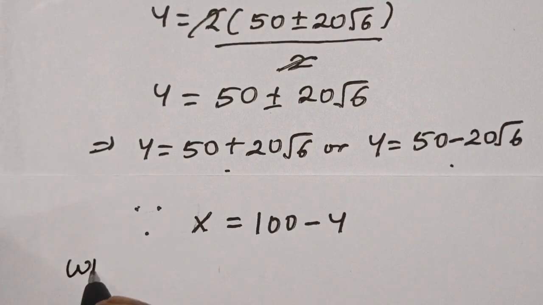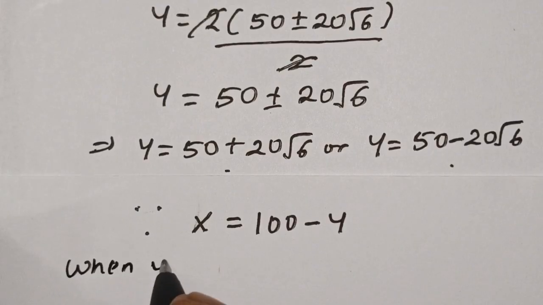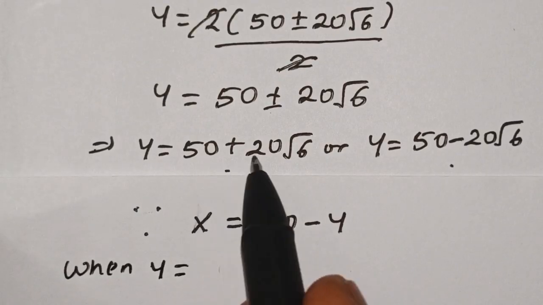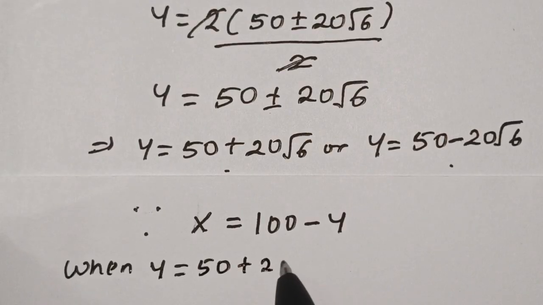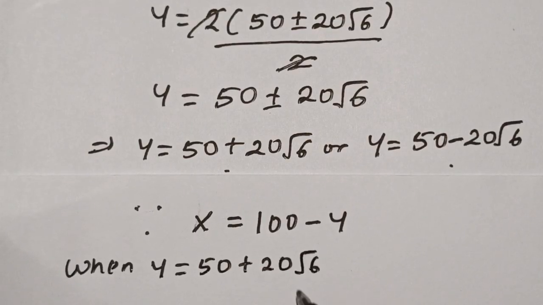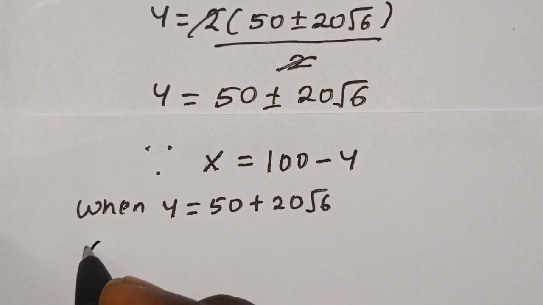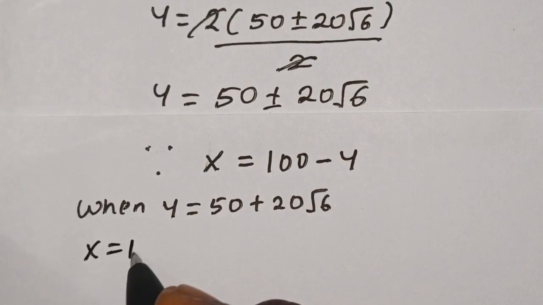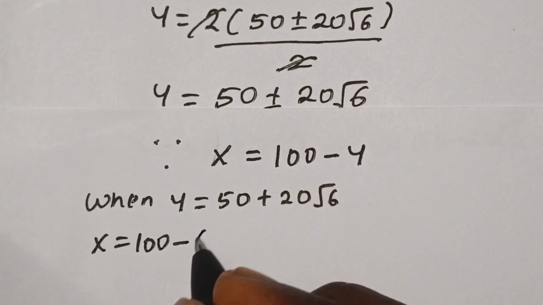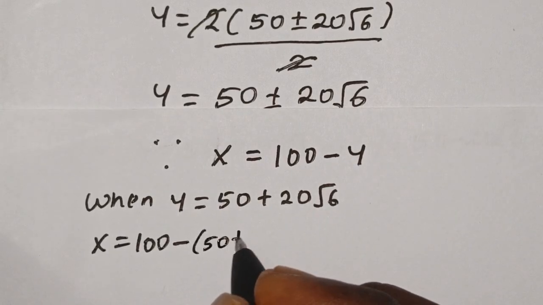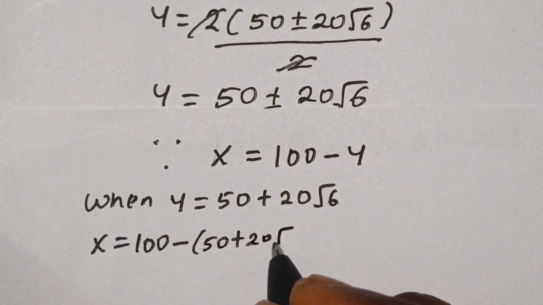First, when y equal to this value, 50 plus 20 root 6, x is equal to 100 minus, in place of y, we write this value, 50 plus 20 root 6.